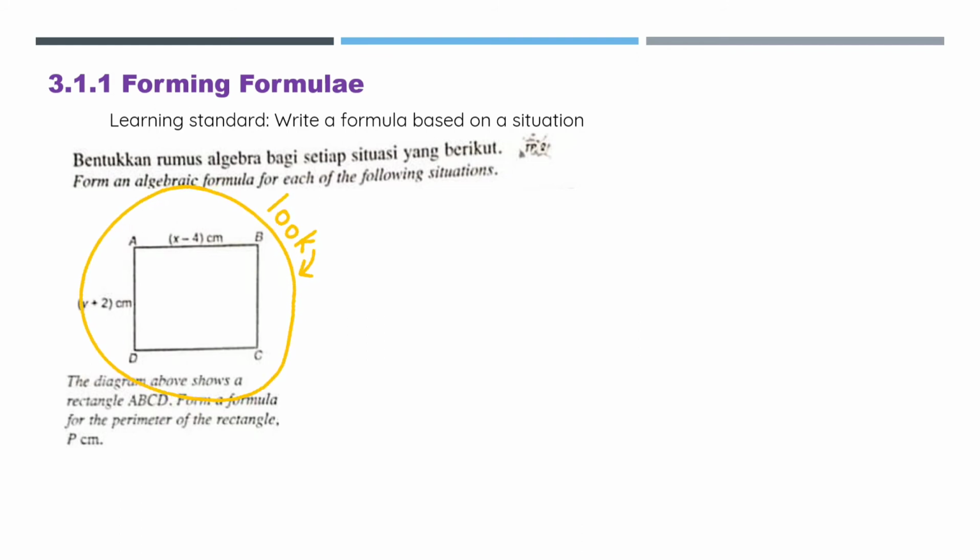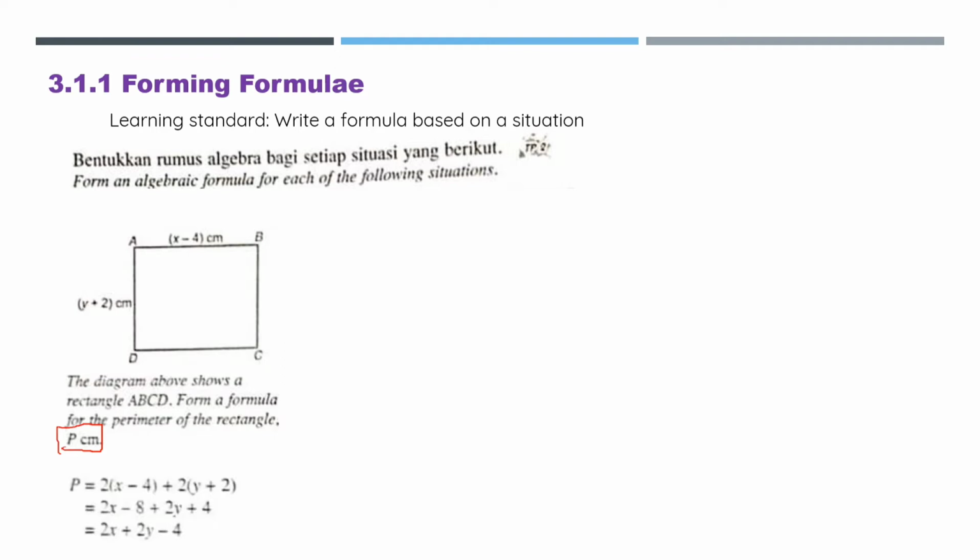So the subject here is P. We need to form a formula for this subject. P equals 2 multiply in bracket x minus 4. For perimeter we have to calculate all the lengths of each side.